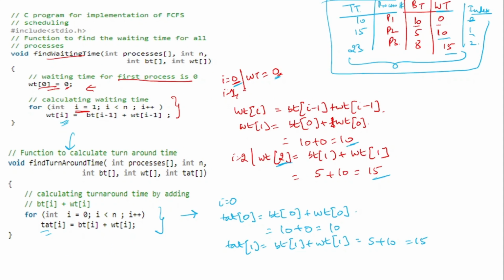Now let us move to the second scheduling algorithm, which is shortest job first, and we'll be discussing the non-preemptive version of that. Before going into the preemptive and non-preemptive part, what do we mean by the terms preemptive and non-preemptive?